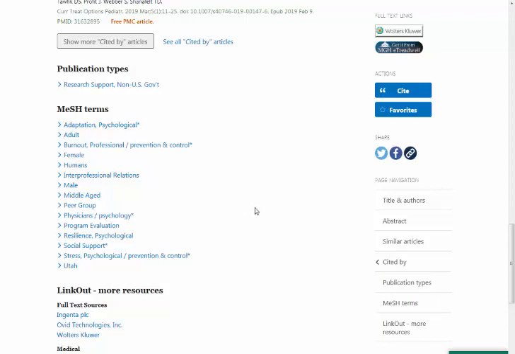The MeSH stands for medical subject headings. These are words assigned by PubMed to describe the topics of the article, and they can be a great source of words. See here, we already have burnout and peer group. Social support. That's one we might consider, or maybe not, but I'd add it to my table of terms so that I remember to think about it.